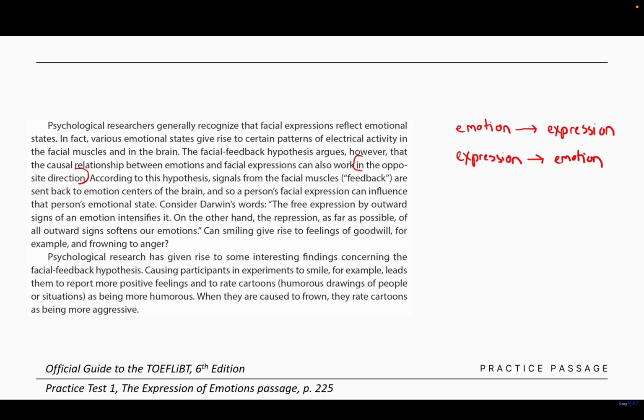Now paragraph 4, the main idea should be quite easy. What do we think paragraph 4 is? What is the main point here? Have studies supported this idea or not supported it?